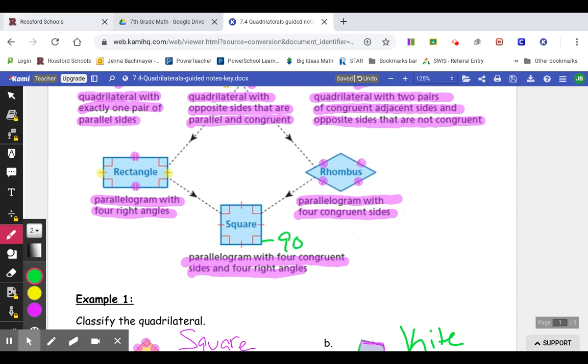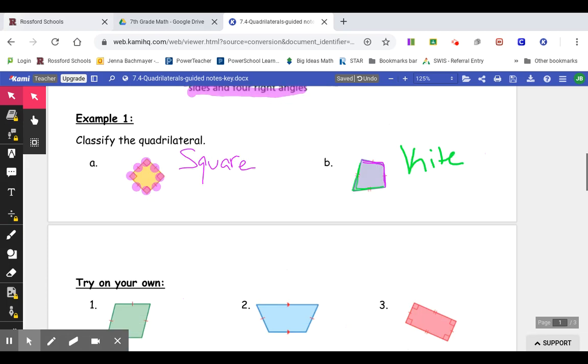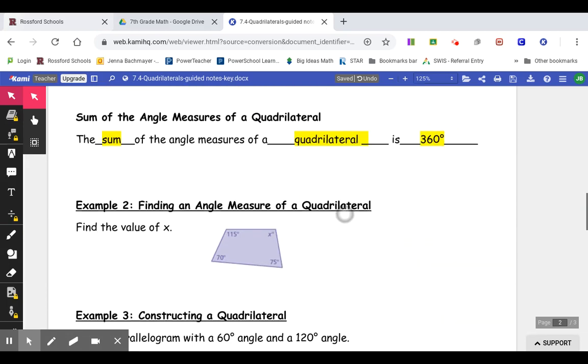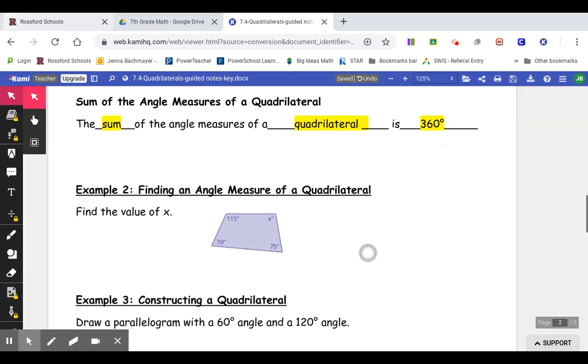So 90 plus 90 plus 90 plus 90 gives me 360 degrees. And that will work for every type of quadrilateral. So the sum of any quadrilateral is going to equal 360 degrees.